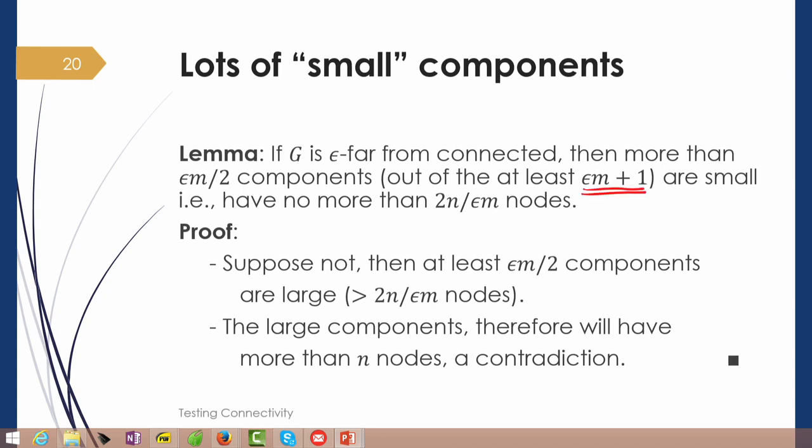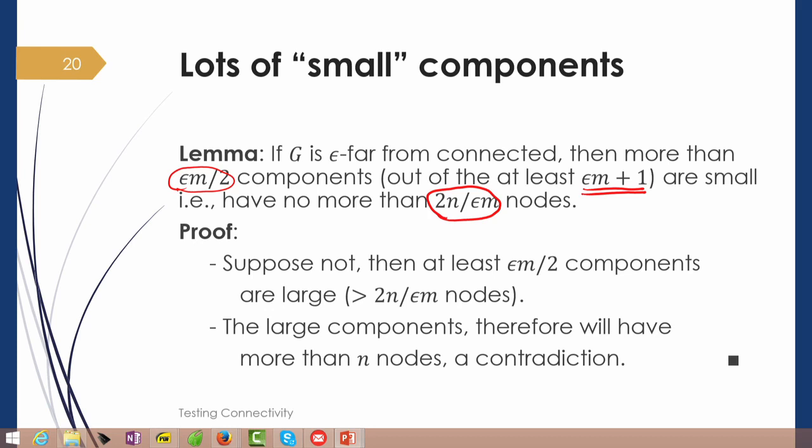Recall that there are more than epsilon m plus 1 components in this graph, and we want to show that more than epsilon m by 2, about half of them at least, are small. And what do we mean by small? These are components that have no more than 2n over epsilon m nodes in them.